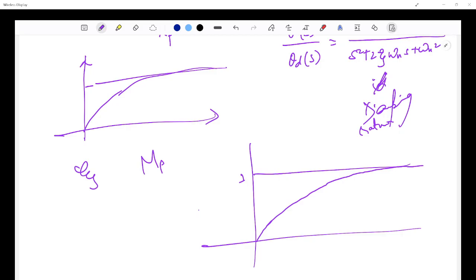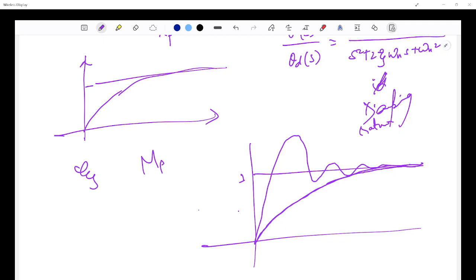But if my damping is really low, what would happen? Then my door will go back to its original position, overshoot in the other direction, come back, overshoot in the same direction, and go back. I mean, there would be oscillations. It won't settle down immediately. But if I have a highly damped system, there won't be any overshoot, but the system response would be much slower.